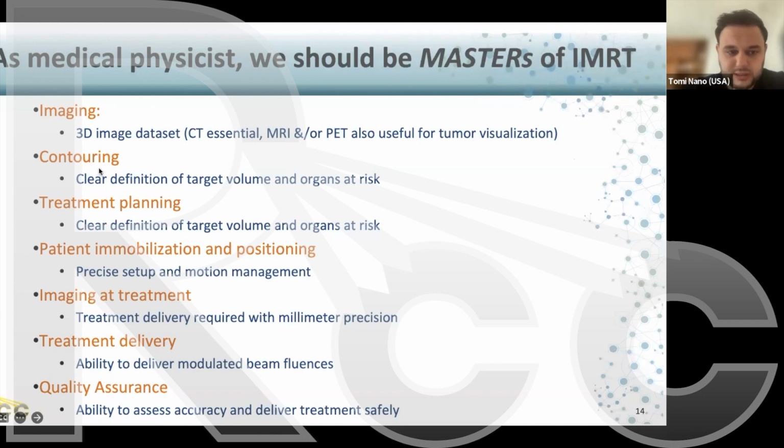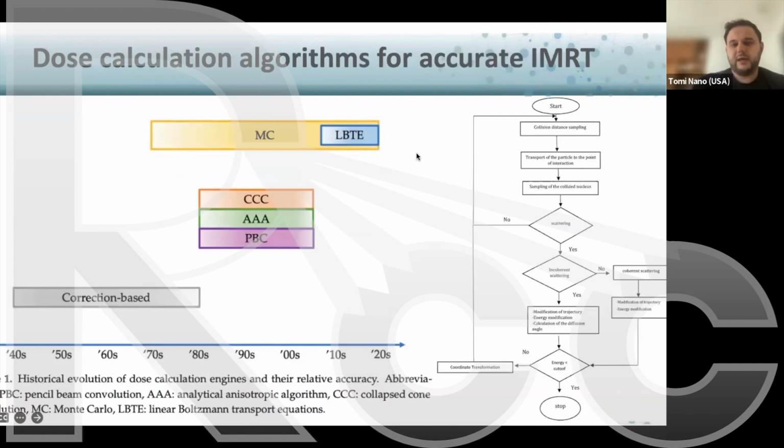Contouring is very important. Treatment planning, patient immobilization, imaging and treatment, the delivery itself, and then quality assurance. So being a master of IMRT really involves being a master of each one of these specific areas to some degree. And then dose calculation algorithms for accurate IMRT.